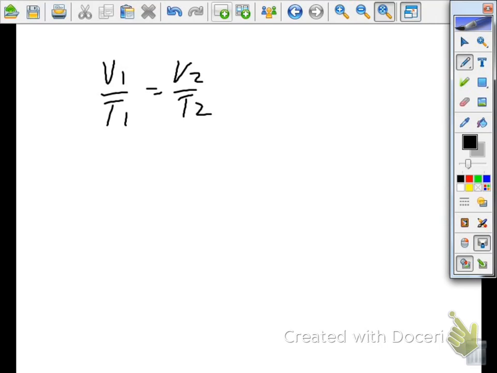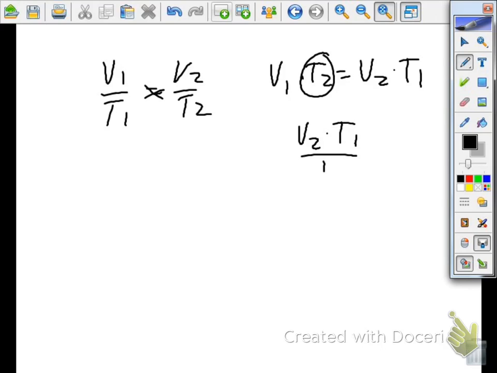So then cross multiply: V1 times T2 equals V2 times T1. All right? We are solving for what's the new temperature? T2. So then it becomes V2 times T1 over V1.